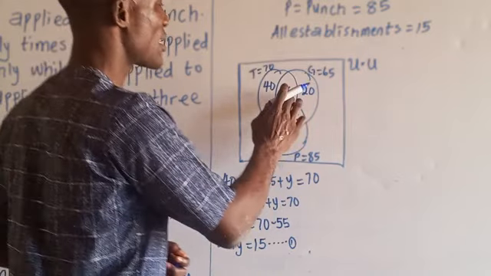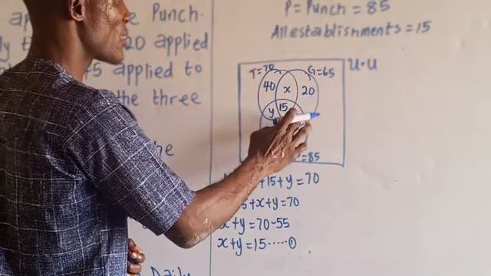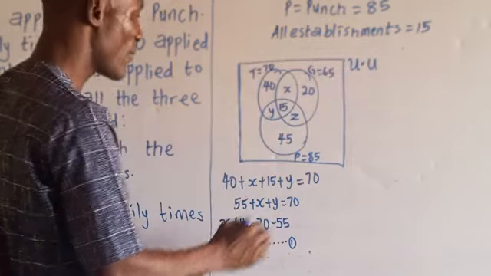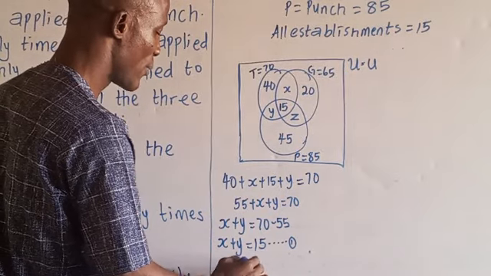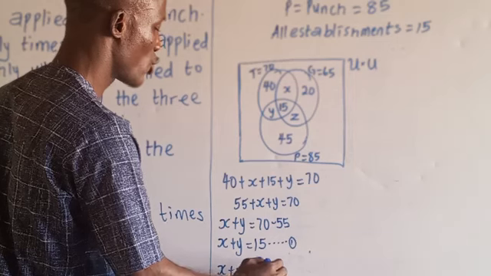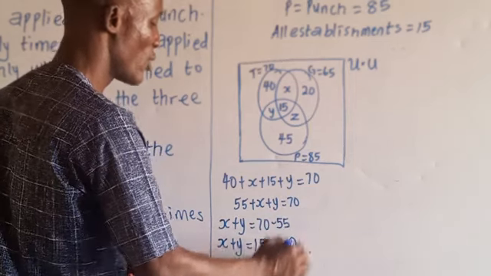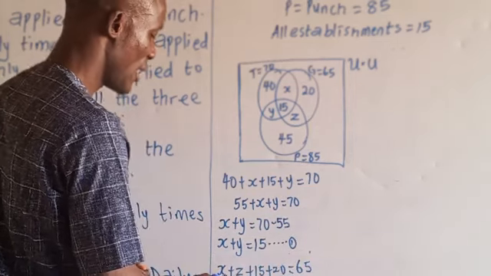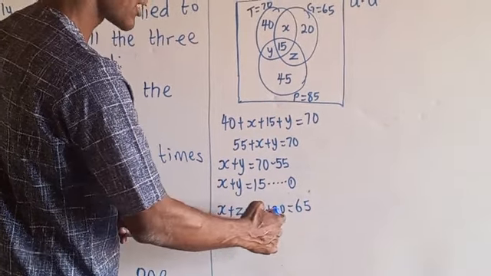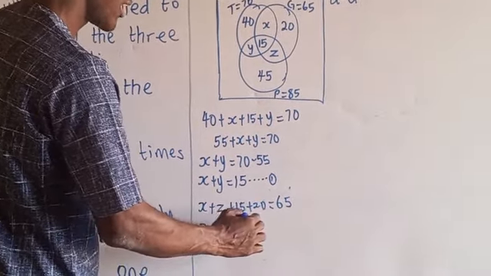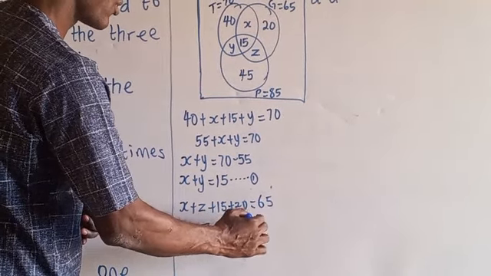Now coming back to this place, X plus 20 plus 15 plus Z, everything equals 65. Let's write that: X plus Z plus 15 plus 20 equals 65. 15 plus 20 is 35, so x plus z plus 35 equals 65.